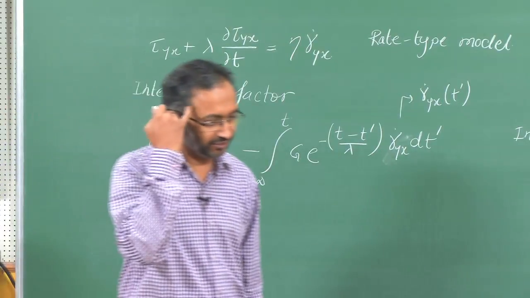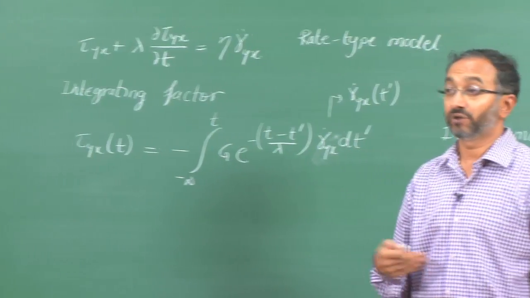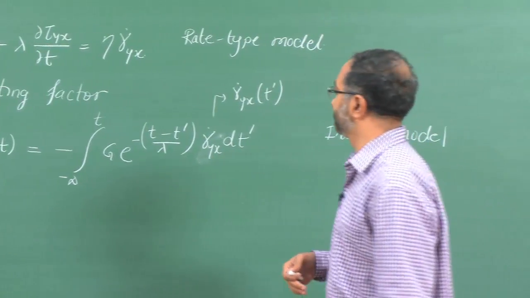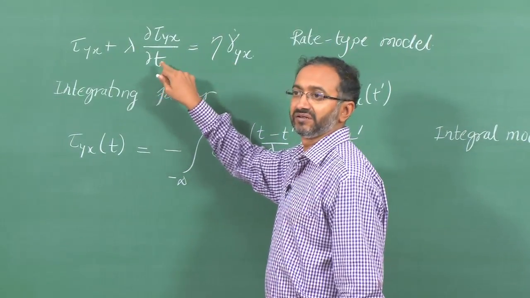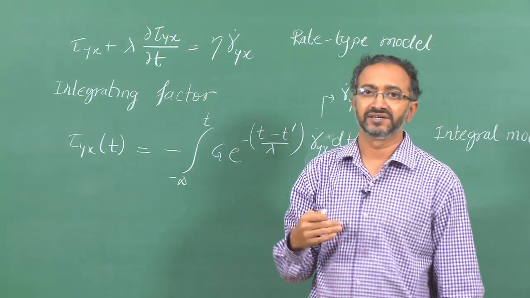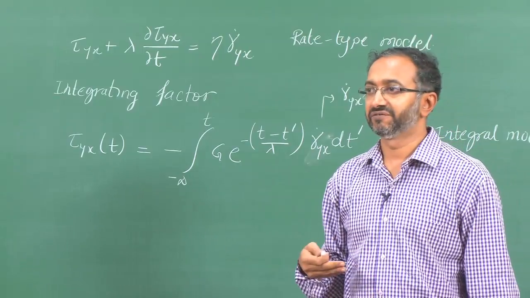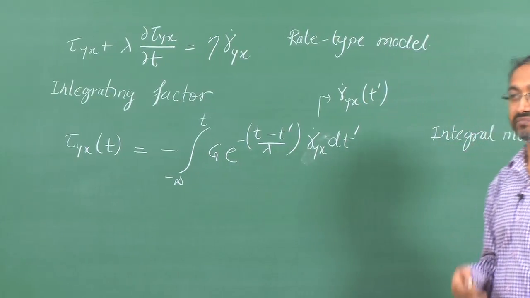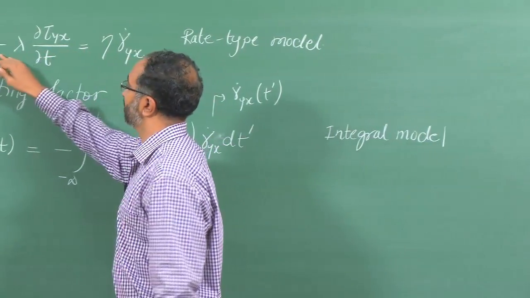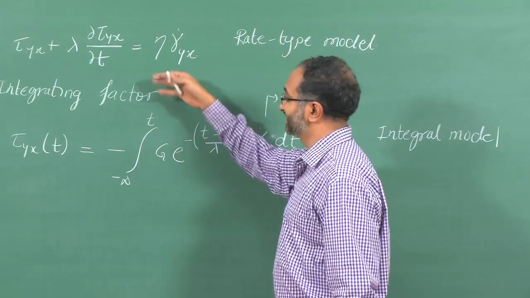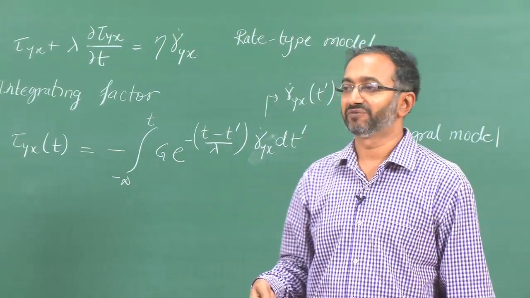We will see later on, for example when we look at normal stress differences in complex materials, we can have what is called a convected Maxwell model, in which case rather than using the normal rate we will use convected rate, and that will become an objective and frame invariant model which can be used for arbitrarily large deformations, and in that case the convected model will be the rate type model, and then similarly there is an equivalent which is called large rubber like liquid model.